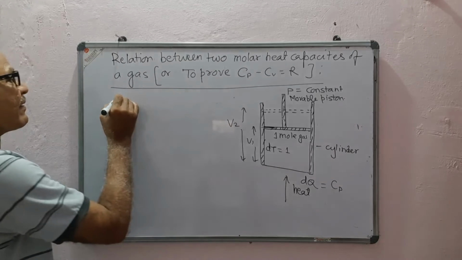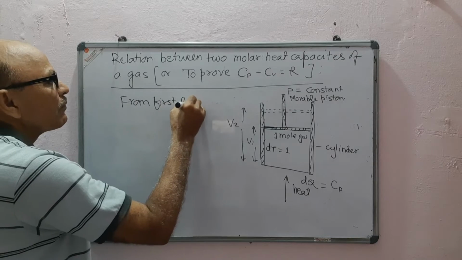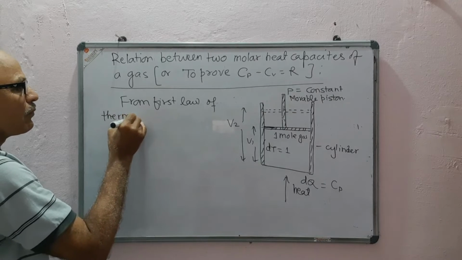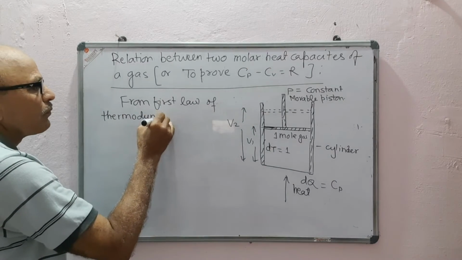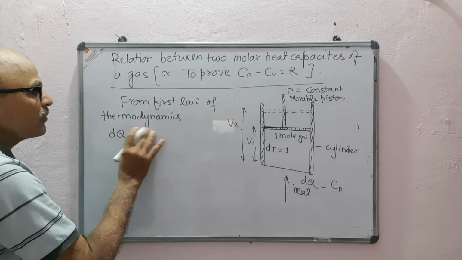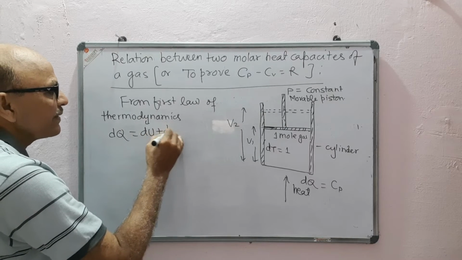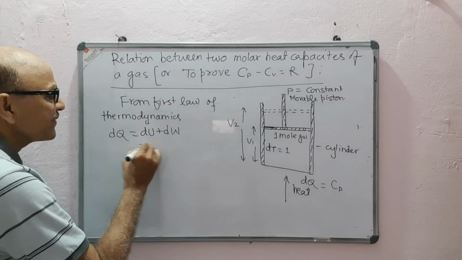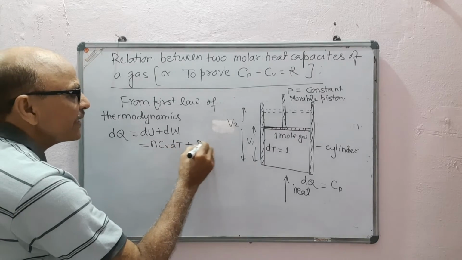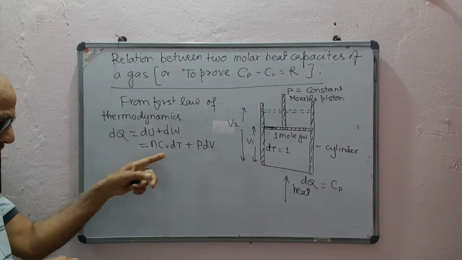From first law of thermodynamics, dQ will be equal to dU plus dW, where dU is nCv dT and dW is P dV. This is external work done and this is internal energy change.